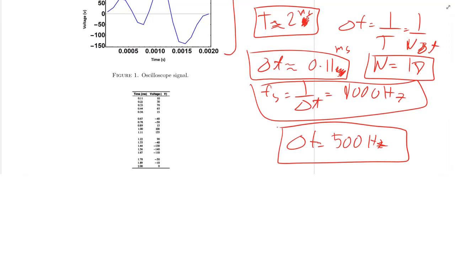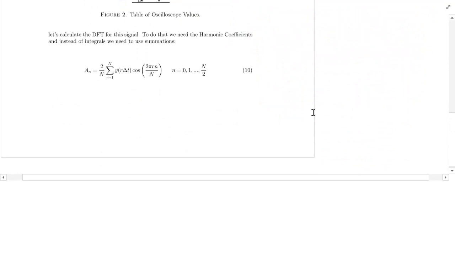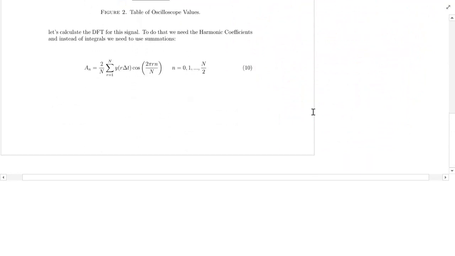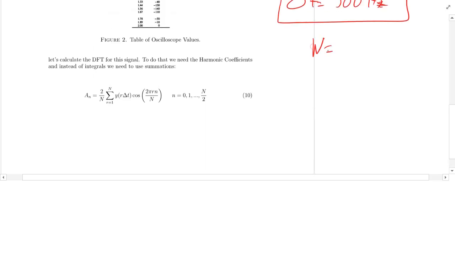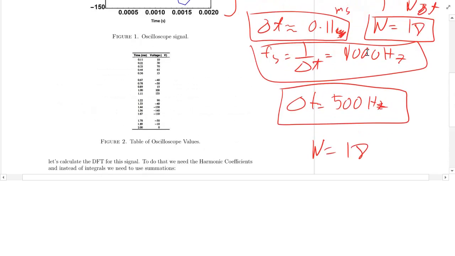So let's go about the business of calculating our harmonic coefficients. Let's give us some space over here, and we can see our expression right here. We know that our number of points n is equal to 18, as we just saw above.